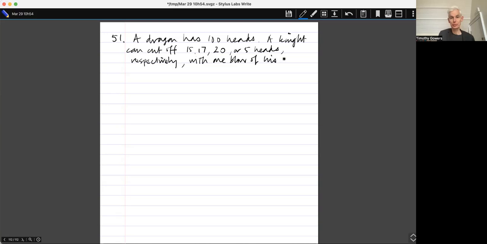I'm sure that will be important. In each of these cases, here comes the respectively. So I think the word respectively was premature, but is sort of relevant. 24, 2, 14, or 17 new heads grow on its shoulders.